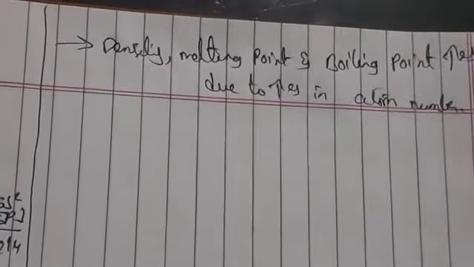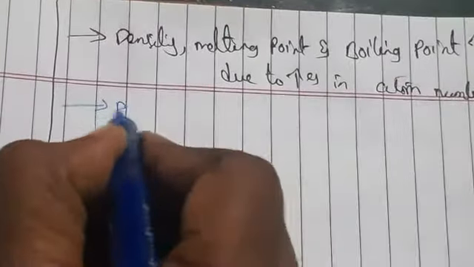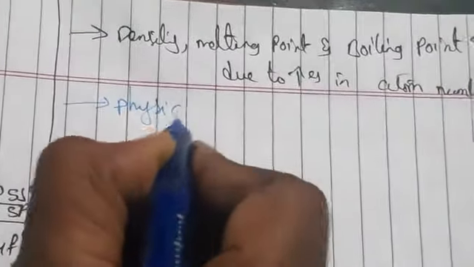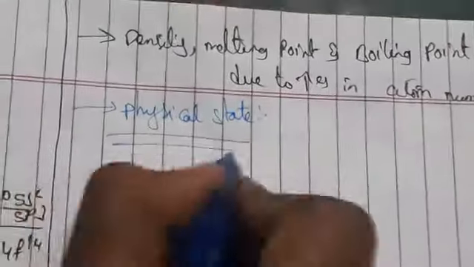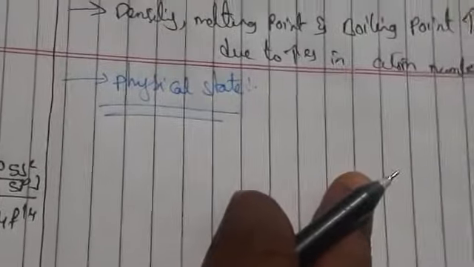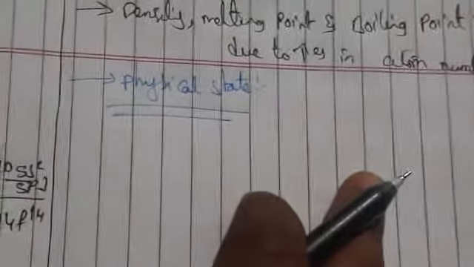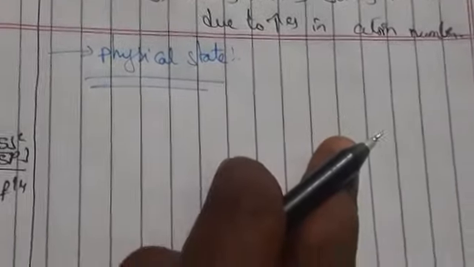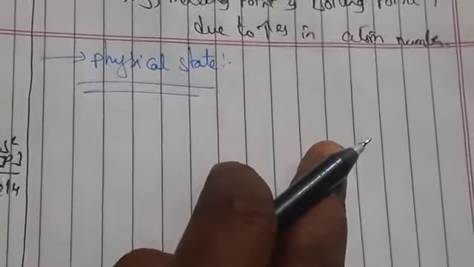Okay, coming to physical state. Nitrogen is a diatomic gas, while phosphorus and the others are polyatomic solids at room temperature. Why?